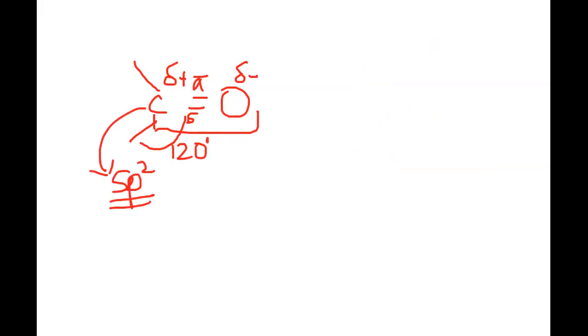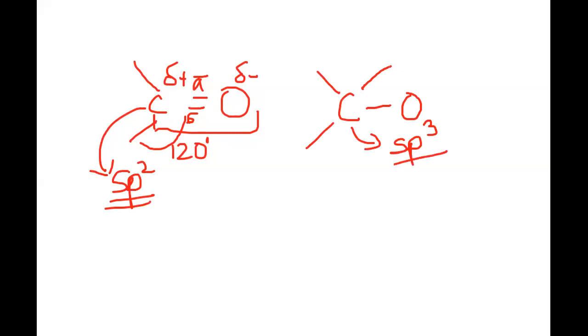When the addition occurs, the sigma bond remains intact, the pi bond opens up, and the carbon attains a tetrahedral structure. That is, the hybridization changes to sp3.